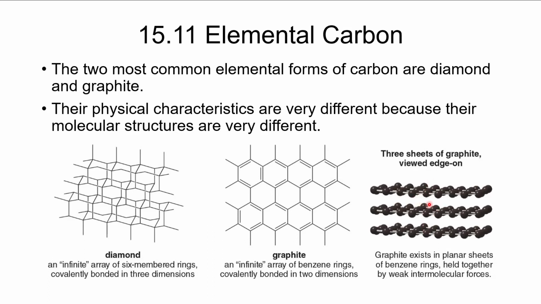And so, when we look at diamond, diamond is one of the hardest substances known, and it's because it's this extremely rigid three-dimensional array of sp3 hybridized carbons, and it's impossible to move these atoms around significantly. I mean, you can, but not very easily. Whereas with graphite, because these sheets are capable of sliding past each other, we're going to find that it is actually very soft and that graphite is quite slippery.